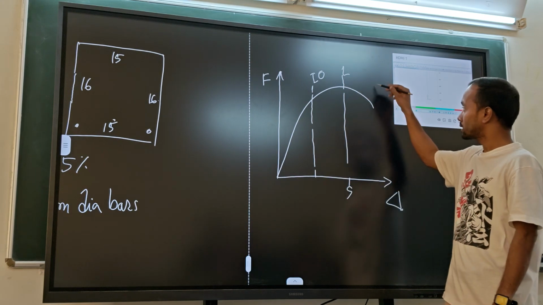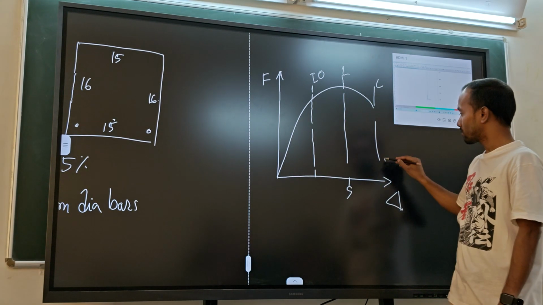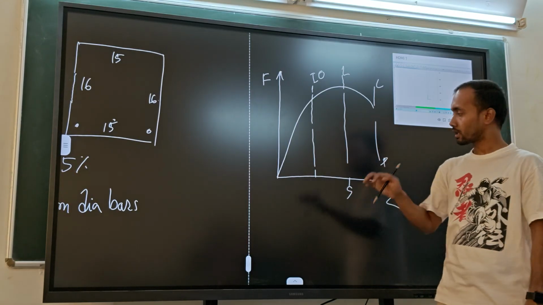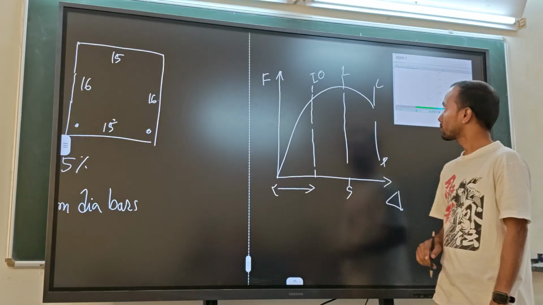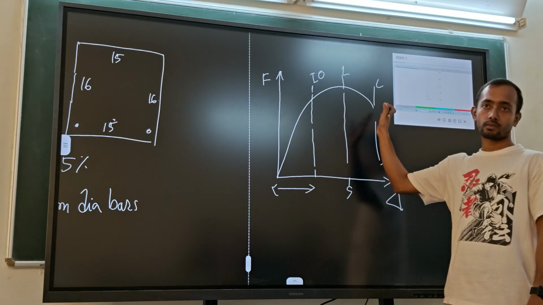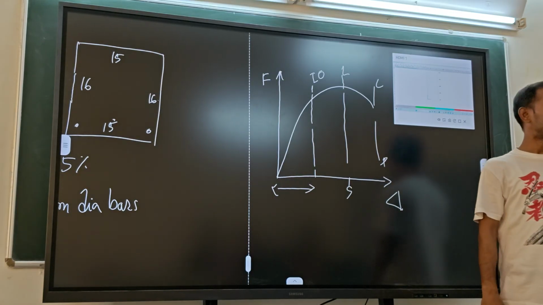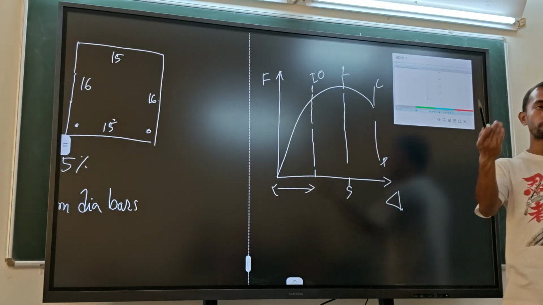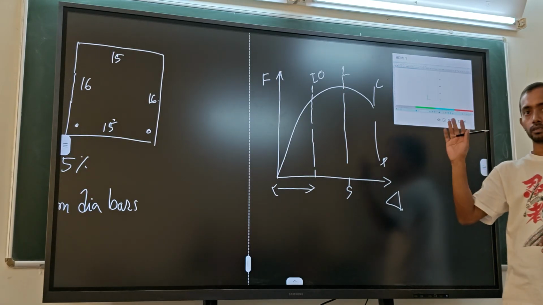But suppose your structure is beyond LS, there will be another level, CP. These levels are all in terms of displacement. If the structure is between LS and CP after the earthquake, that means major damage has occurred. Maybe some beams will fail, some columns will fail, but not the entire structure.